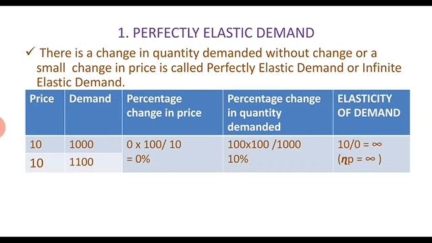So there is no percentage change in price, even though there is a change in quantity demanded. Here 10% of quantity demanded changed. So it is called perfectly elastic demand.